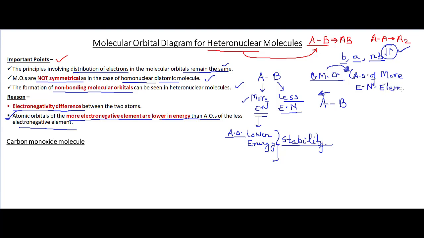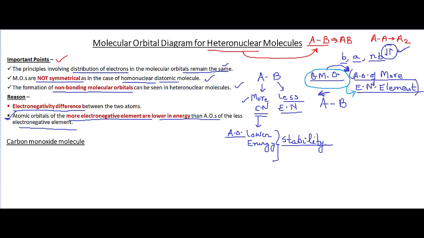This is a different way of saying the same thing: the atom with more electron charge density is located lower in energy, and the bonding molecular orbitals are contributed by the element with more electron charge density, that is, the more electronegative element.